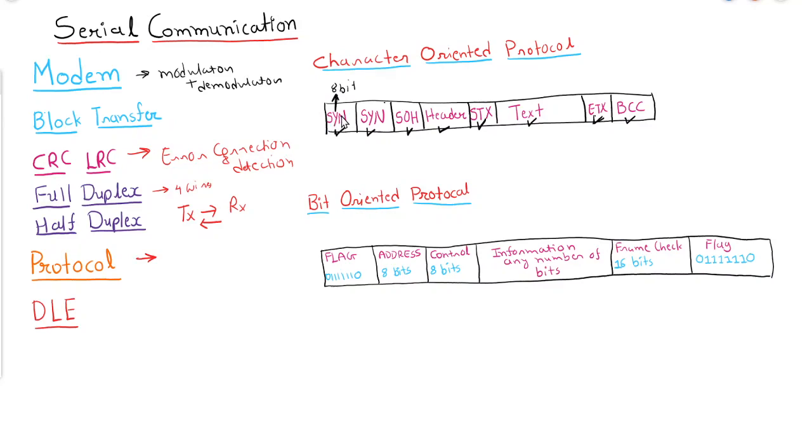Now, many times there will be some pattern inside the text that represents a control character. Let us assume there is a pattern for ETX, say 5 times 0 and then 1 1.